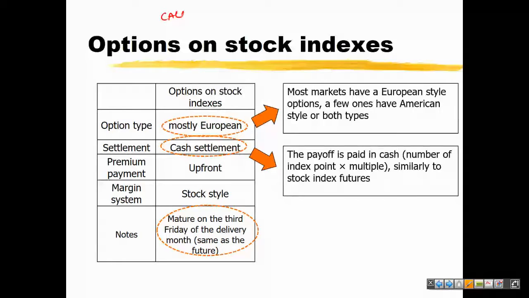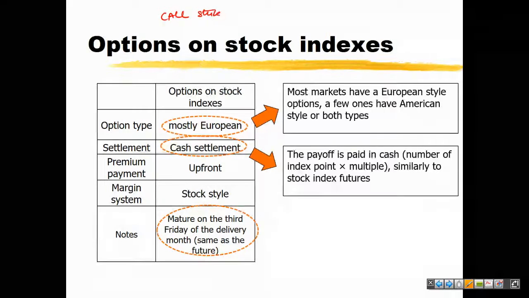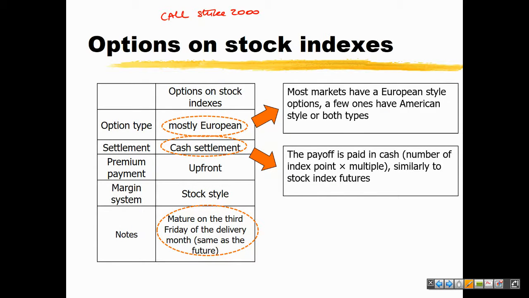Imagine you buy a call option with a strike of 2,000. And imagine that at maturity, the index on which you purchased the call option trades at 2040, okay?